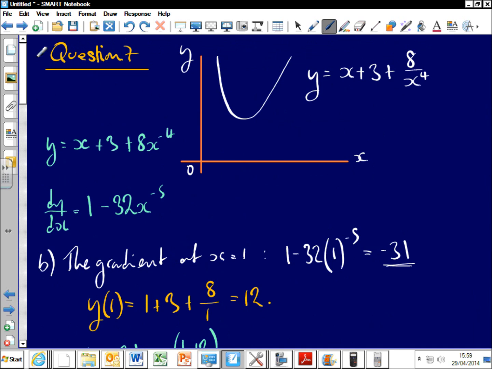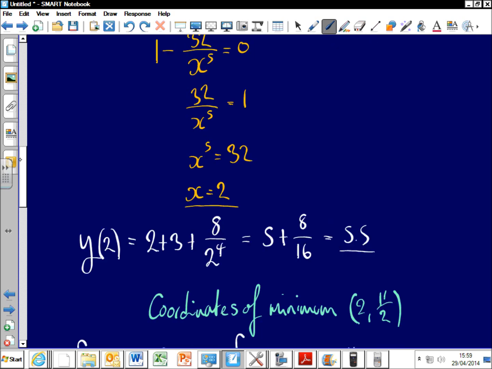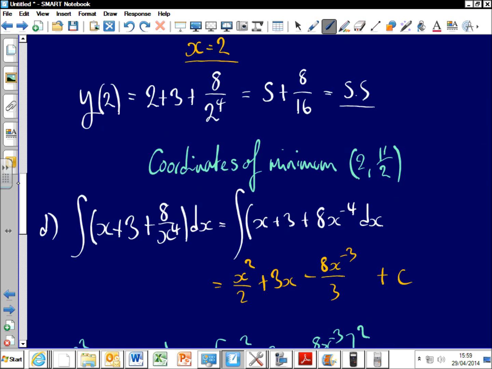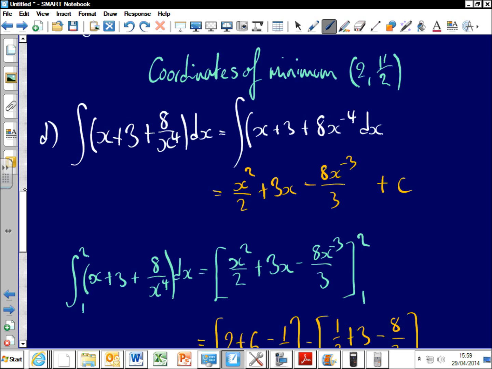what Kat's saying is this minimum point here was at the coordinate 2. We did work it out. The x coordinate was 2, and the y ordinate was 5.5, wasn't it? 11 over 2, 5.5.